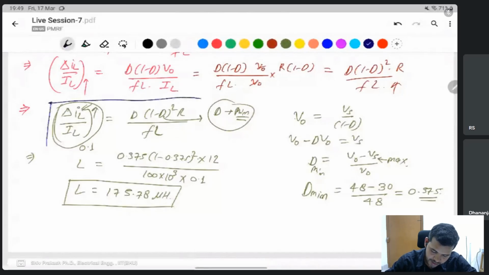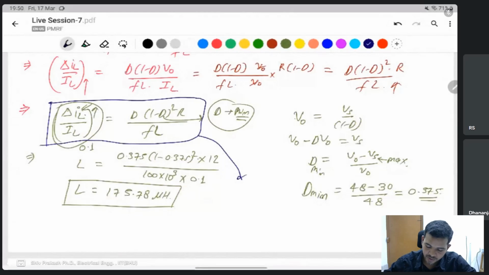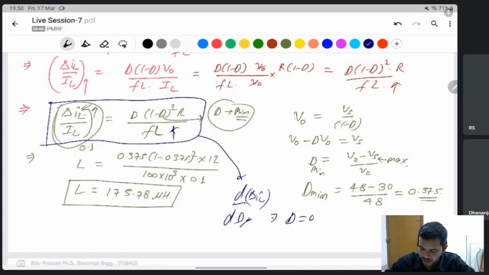You can apply here, to find the delta IL maximum, the di by dt formula. It is maximum when, differentiating delta IL with respect to d, we find the duty cycle is 0.33 something.